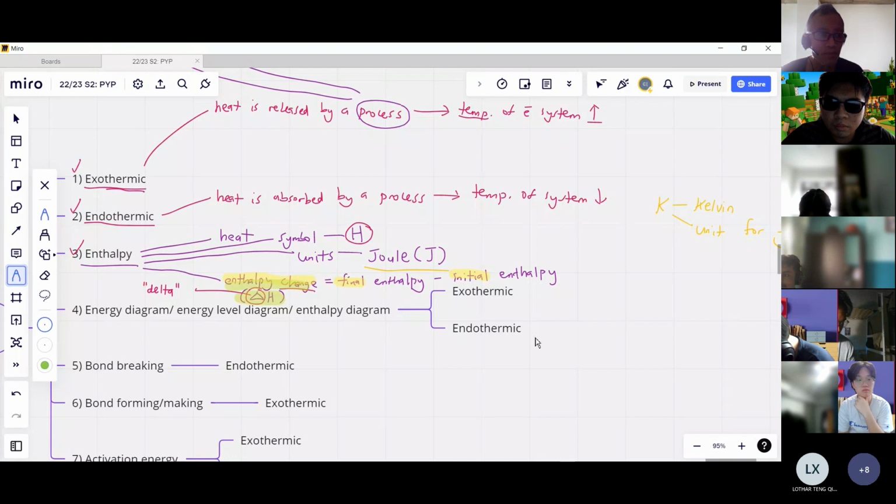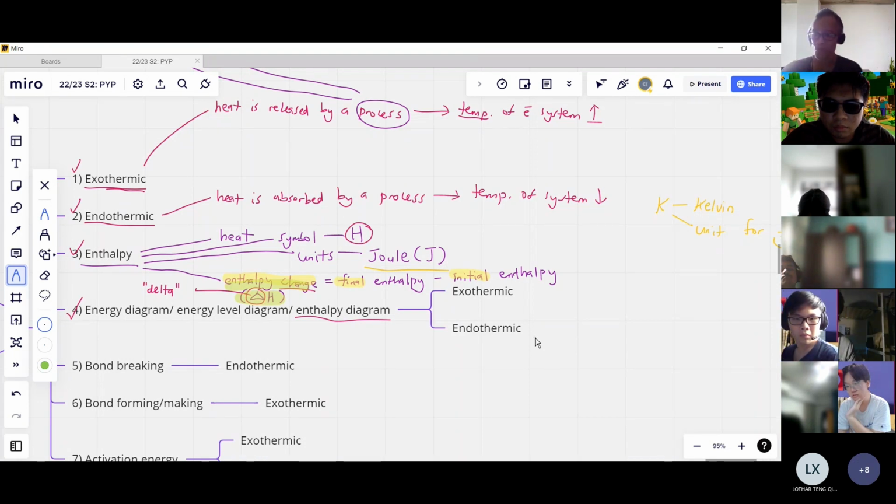The fourth concept is this one here: energy diagram. There are a few expressions for this term. Sometimes they call it energy level diagram, or they call it enthalpy diagram. I would say that almost 95%, there will be a diagram of this sort coming up for your exam.